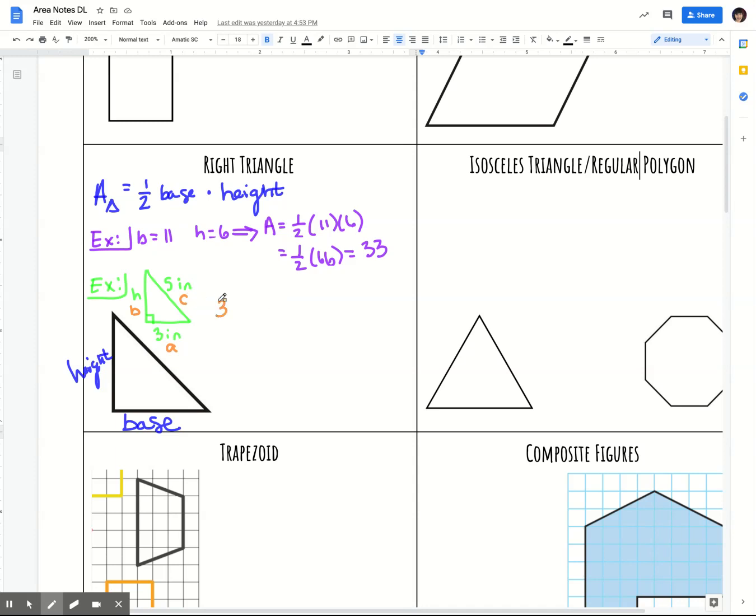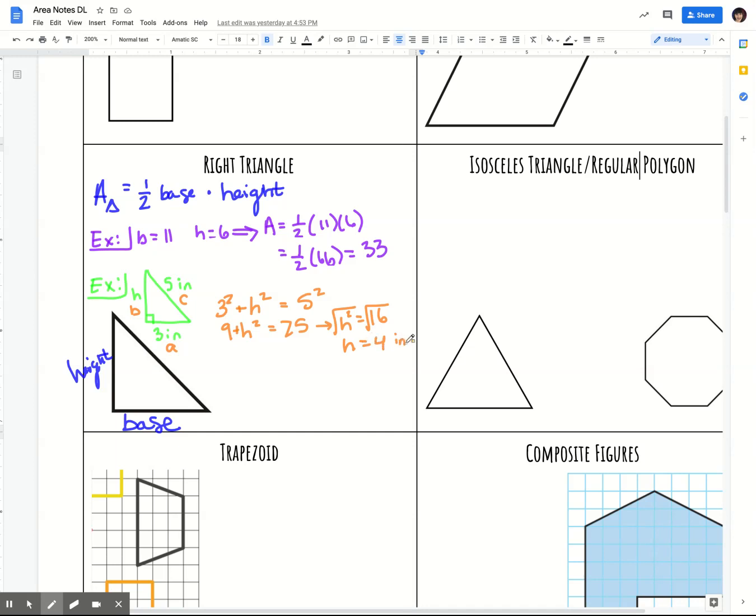So I would do 3 squared plus the height squared equals 5 squared. So this is 9 plus height squared equals 25. I'm going to subtract 9 from both sides. And when I do that, I get h squared equals 16. And then I'm going to take the square root of both sides. So I get that the height is 4 inches.